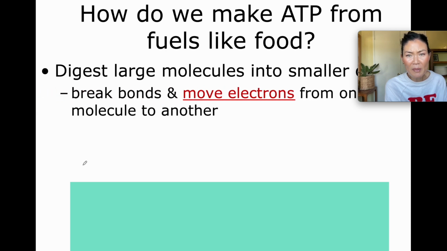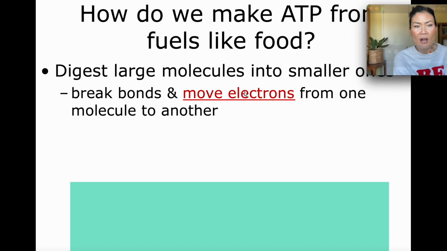But how do we make ATP from fuels like food? Well, what we do is we digest large molecules into smaller ones. We break bonds. And when we break bonds, there's going to be a release of energy. There's going to be movement of electrons from one molecule to another. So as the electrons move from one molecule to another, energy is going to be released.